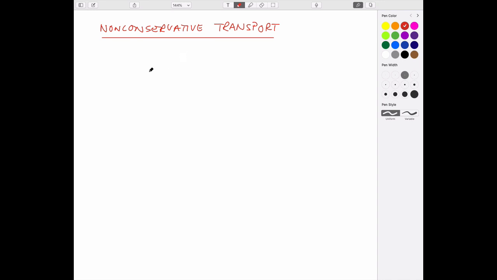So, if we look at conservative transport first of all, the expression we've been dealing with, and we've talked about it a number of times, is the advection dispersion equation. It has components that relate to concentration transport due to dispersion-like processes and advection-like processes.